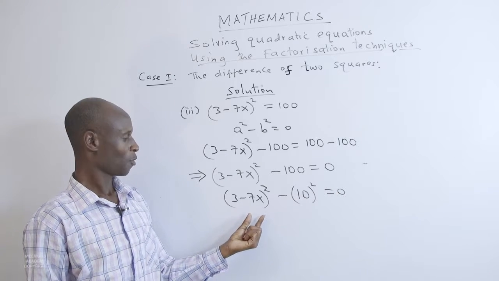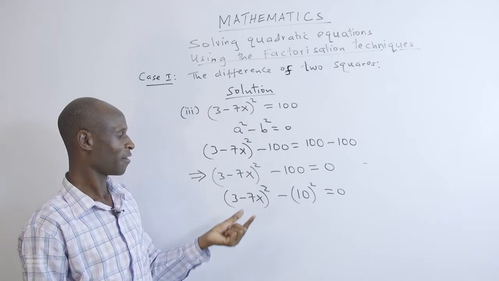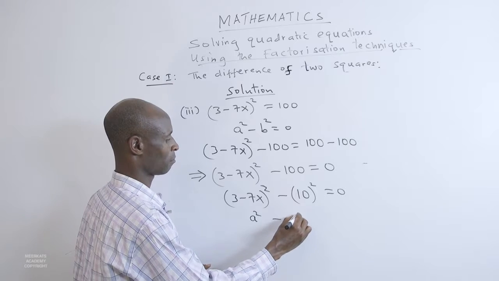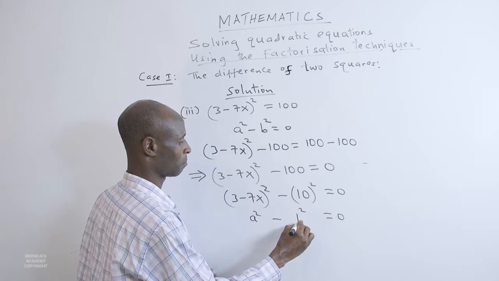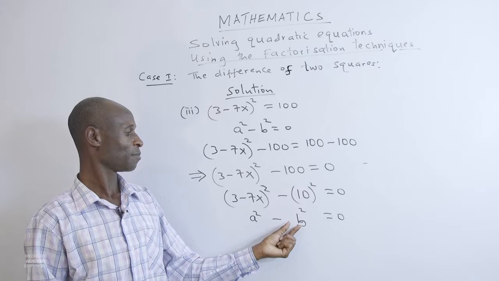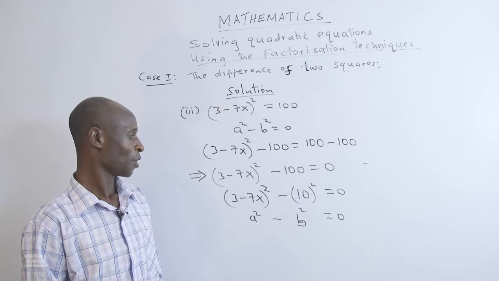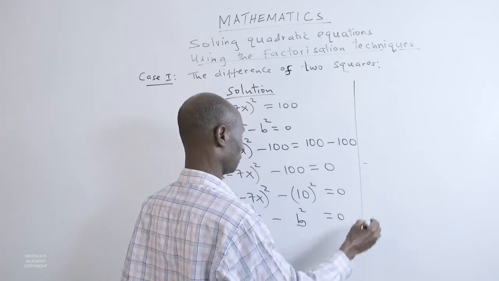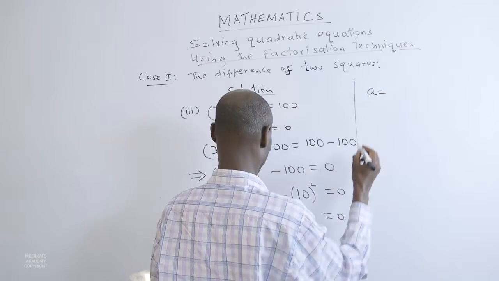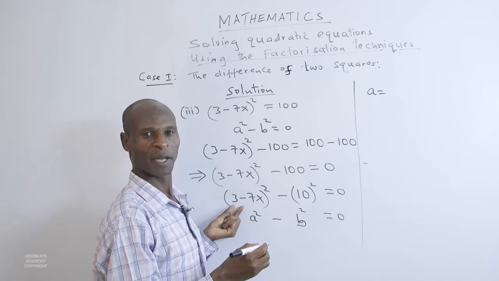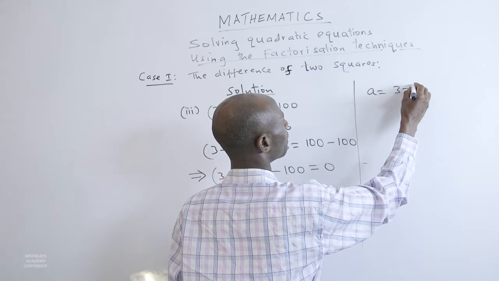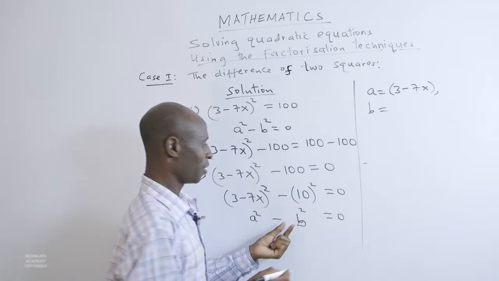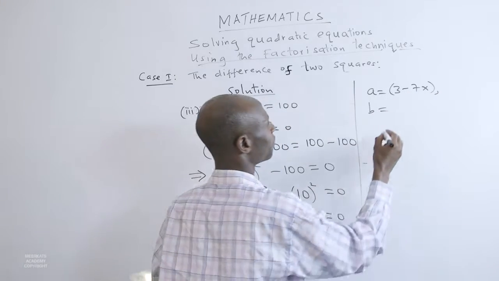So in this way, it means we are expressing the form a squared minus b squared is equal to 0. So we can identify a. a in our case is 3 minus 7x. b in our case is 10.